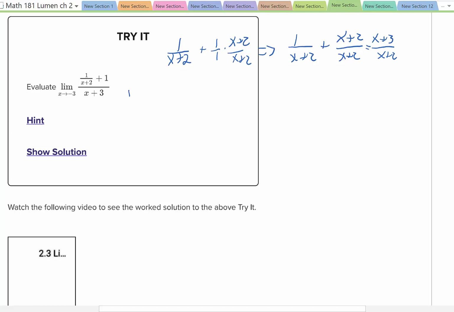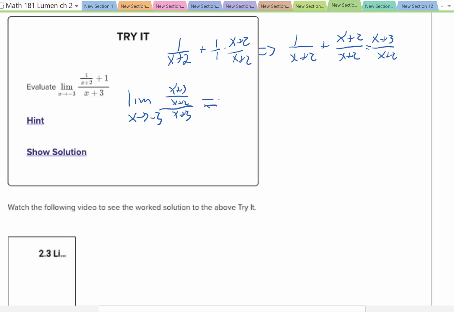So now we have the limit as x goes to negative 3 of x plus 3 over x plus 2, all that over x plus 3. Some of you might be really comfortable canceling or dividing out at this point, but I'm just going to take a couple of steps here like I did in the last one.